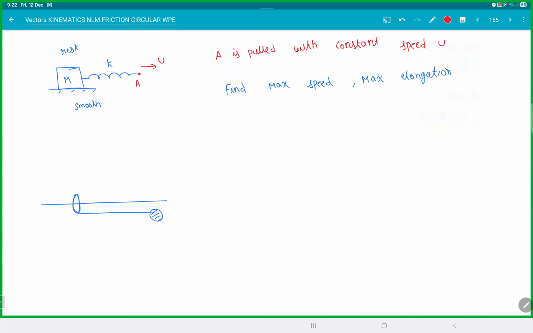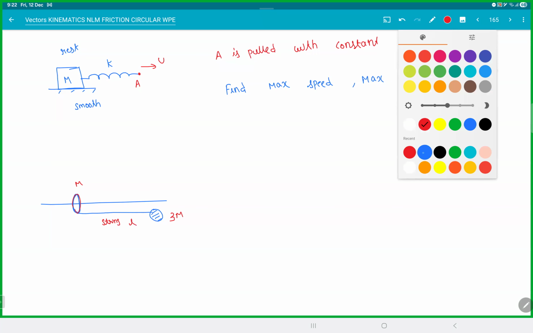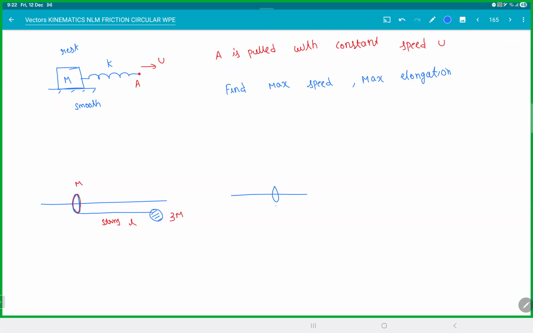We have a ring here and we have a ball here. Let's say this is M and this is 3M. This is the string of length L. When it becomes vertical, find the tension.